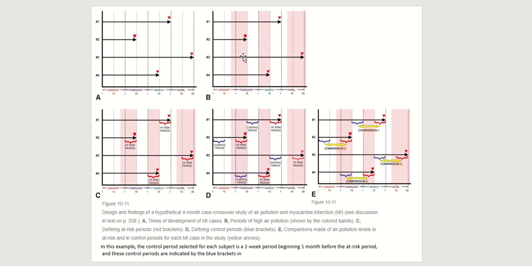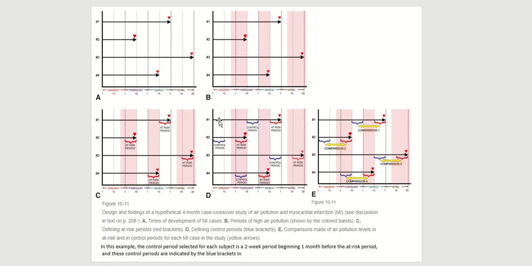The second slide, we're going to superimpose on this graph periods in pink, and these periods in pink are where they were exposed to air pollution. Okay, so there was a period of time where there was no air pollution in the city, for example, and there was a period of time where air pollution in the city was very, very high, so everybody is exposed to the air pollution. And we want to know, does air pollution play a role in people having the heart outcome?